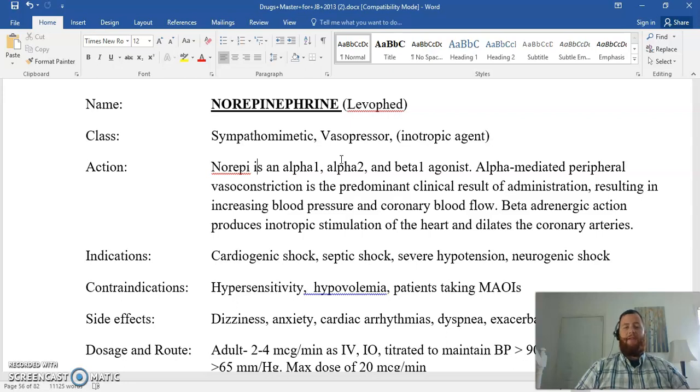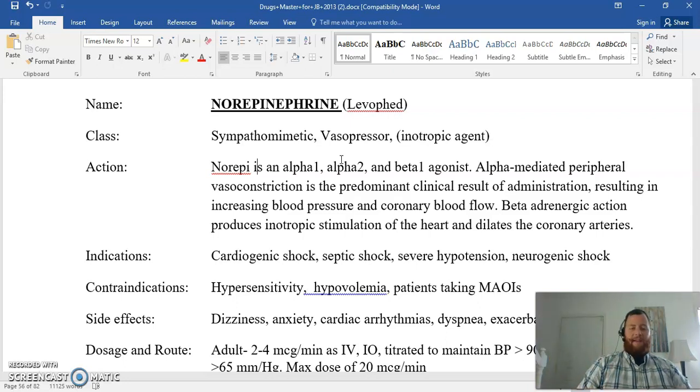So we're going to have an increase in heart rate, and we're going to have an increase in the strength of contraction. The higher the dose gets, or the more we give, the more vasoconstrictive properties epinephrine is going to have. Because remember, beta 1, beta 2, those are your cardiogenic receptors per se. The heart muscle itself has no alpha 1 receptors. Alpha 1 receptors cause peripheral vasoconstriction, arterial constriction, so on and so forth.